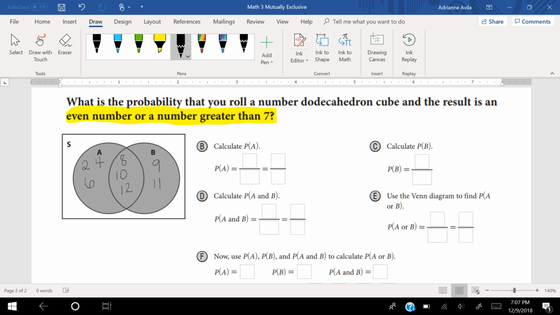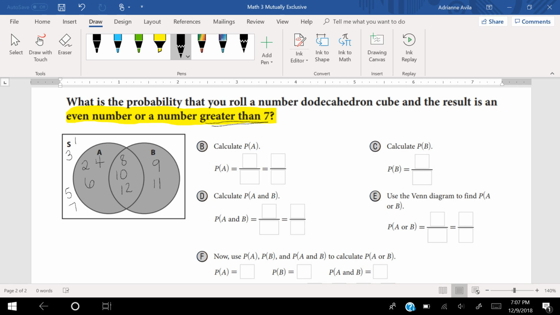Any other numbers that are not either even or greater than 7 are going to be on the outside, in the sample. So the numbers 1, 3, 5, and 7. 7 is now on the outside in the sample because this says I want something greater than 7, which does not include 7.